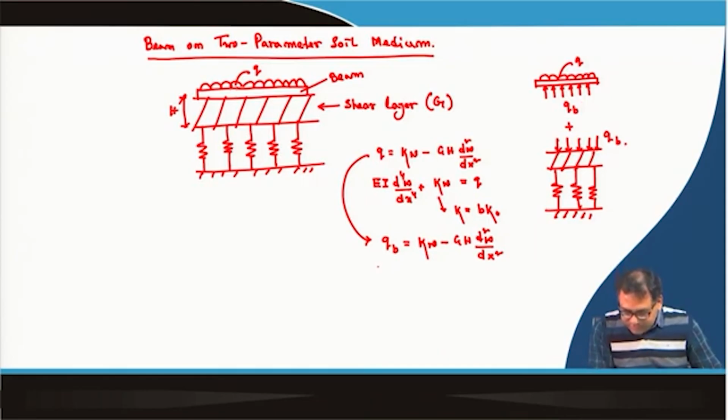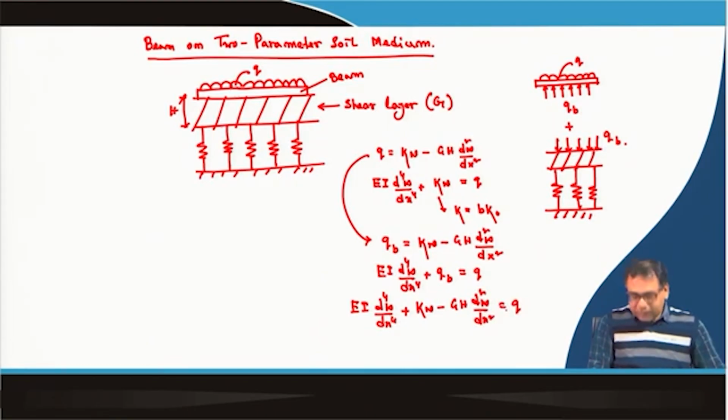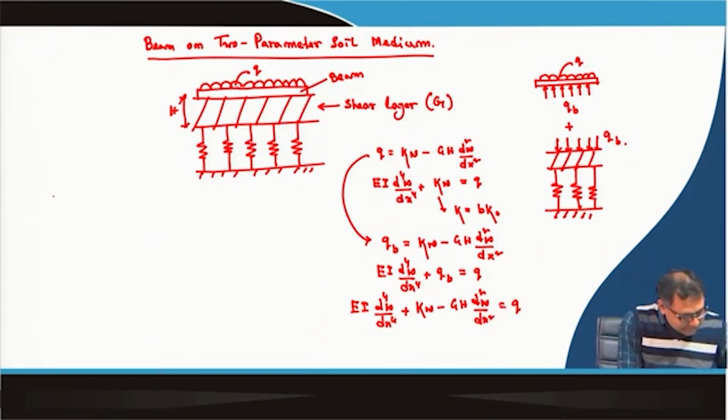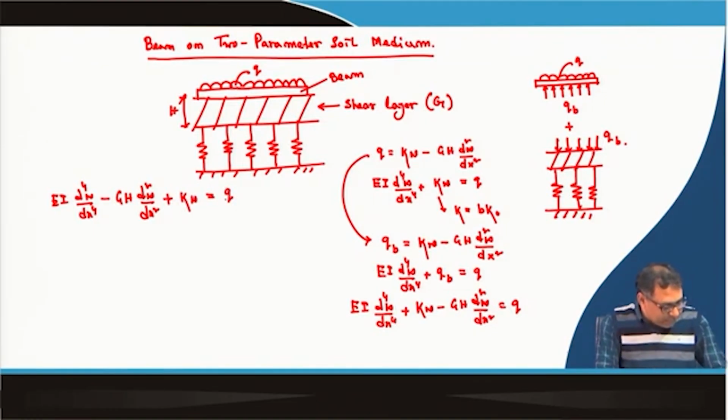So, the beam equation I can write as E I d 4 W d x 4 plus QB, that is equal to Q. Now, if I replace this QB here, the equation will be E I d 4 W d x 4 plus K W minus G H d square W d x square, that is equal to Q. So, I can write this equation as E I d 4 W d x 4 minus G H d square W d x square plus K into W, that is equal to Q.